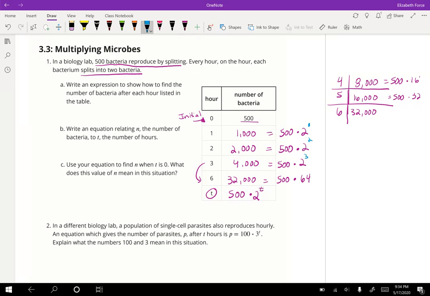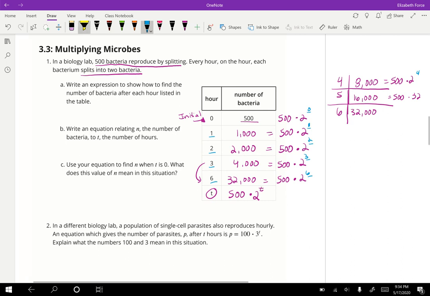Another way to write that 16 is 2 to the fourth power. Another way to write that 64 is 2 raised to the 6th power. And if we go back to the initial stage, another way to write 500 is 500 times 2 to the 0 power, because anything to the 0 power is 1.